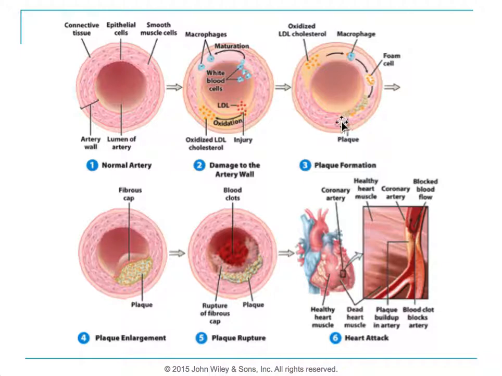Over time, if that plaque is left unchecked, it's going to grow bigger and bigger and bigger, and as that plaque grows, you'll notice the area inside your blood vessel is getting smaller and smaller. So when that area gets smaller and smaller, it becomes harder and harder for your heart to push blood through that tube, because the tube has gone from being big to being like half the size.